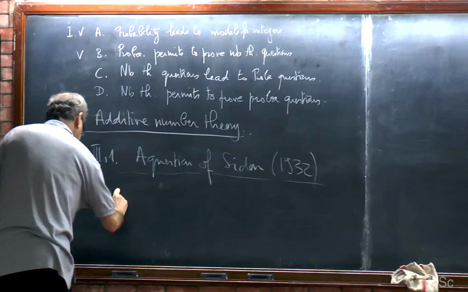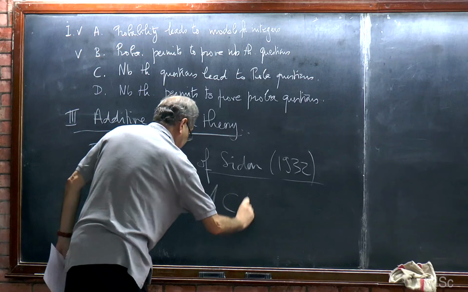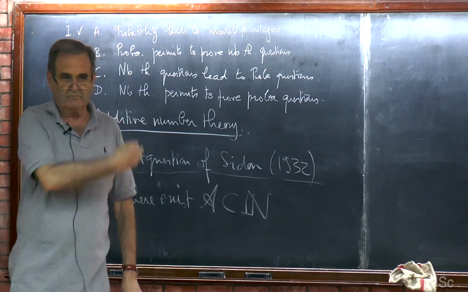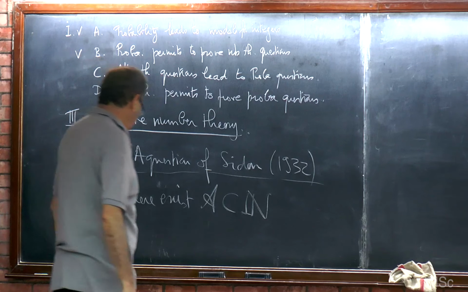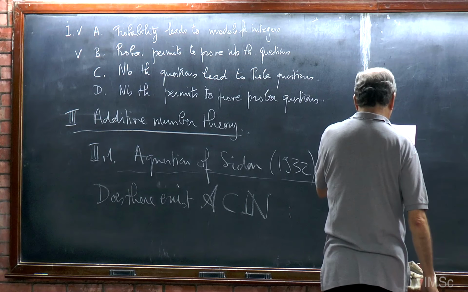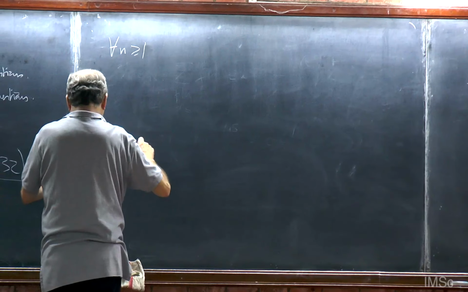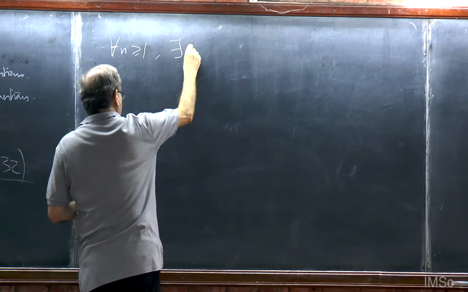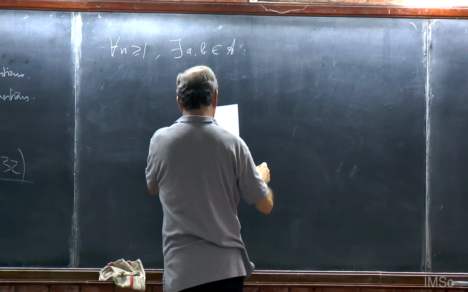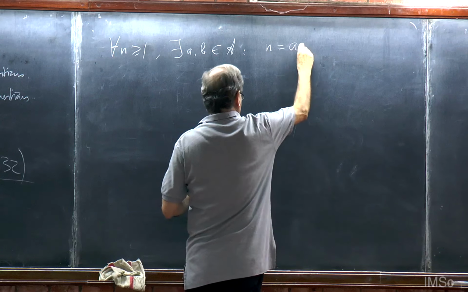Does there exist a sequence A in N? N is whatever you wish, the Bourbaki or the AMS one. You put 0 or you don't put 0 in this context, it has no real importance. Such that for any n, let us say larger than 1, there exist a and b in A such that n is equal to a plus b.